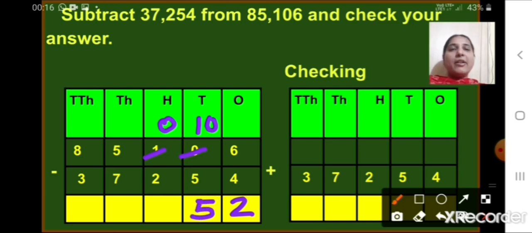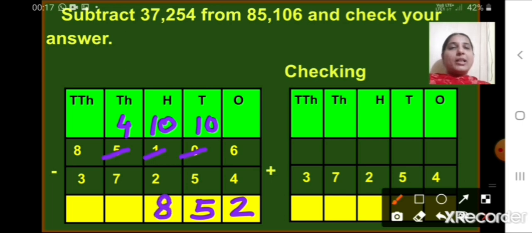Now look at the hundreds place. 0 minus 2. So again we have to borrow from the digit at the left side, at the thousands place. So when we borrow 1 from 5, 4 will be left here and now we have 10 in the hundreds place. So 10 minus 2, we'll get 8 here children.